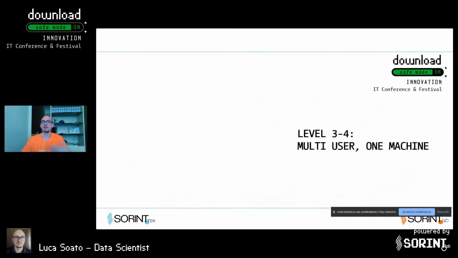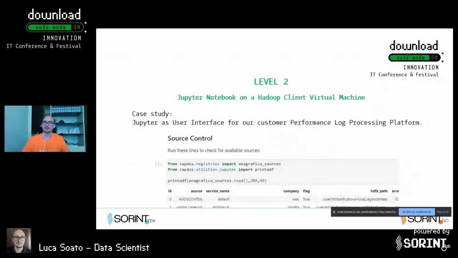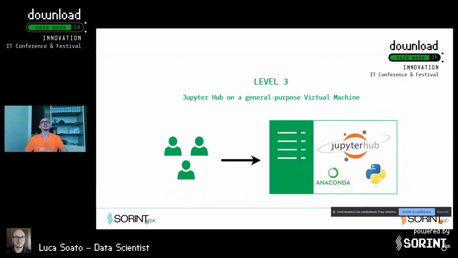Installing JupyterHub completely inside the Hadoop cluster wasn't viable, because from the security point of view, it's not a good practice to install it there and let everyone access this kind of power, because when you access the Hadoop cluster, you should already ask a couple of questions to yourself.